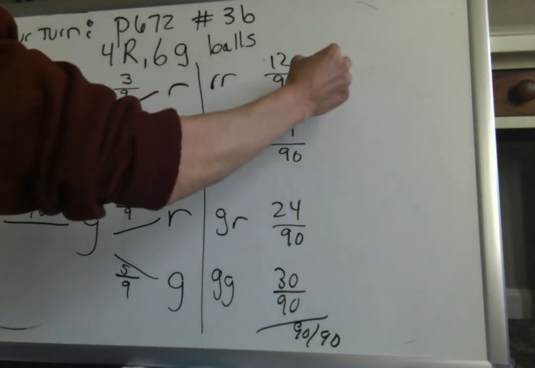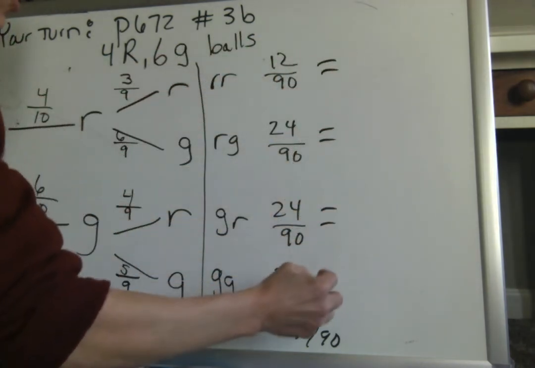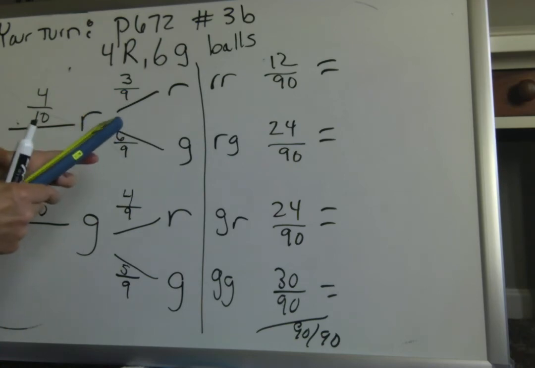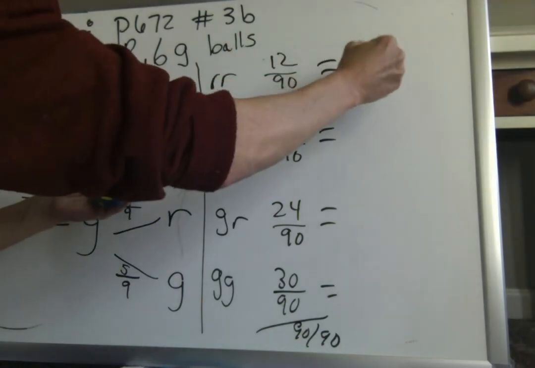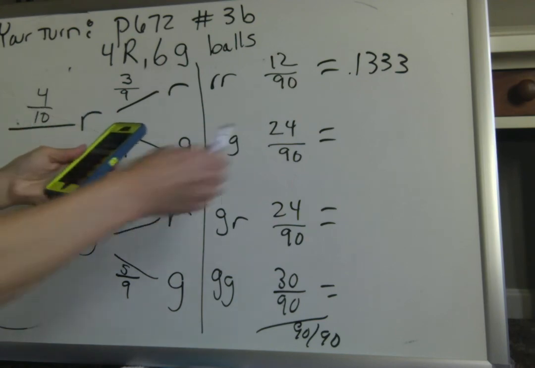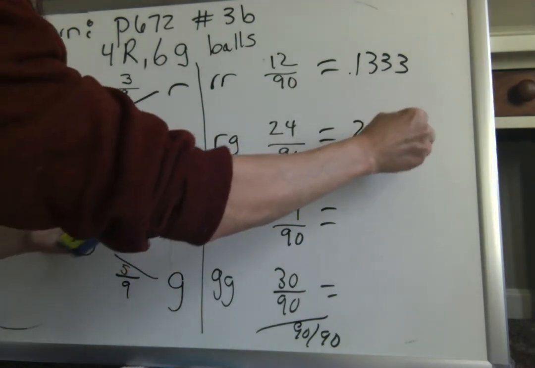And yes, at this point, you are welcome to turn those into decimals. Didn't bring my calculator. Well, I can use my phone. I don't have my 90ths memorized. Hold on. 12 divided by 90 is 0.1333. 24 divided by 90 is 0.2667, right?